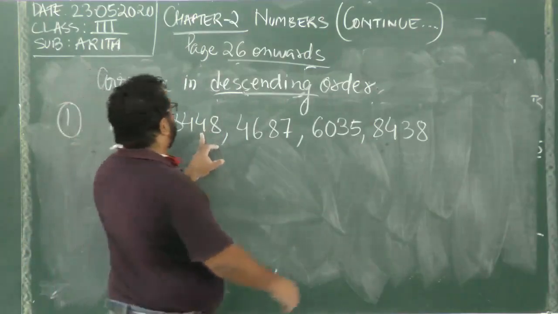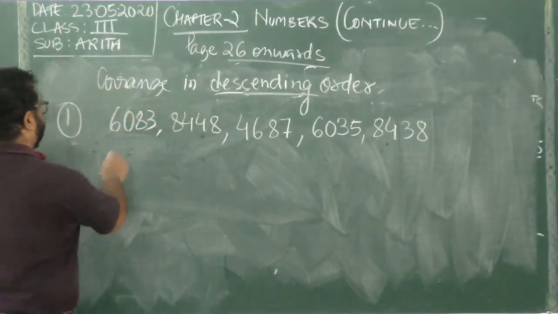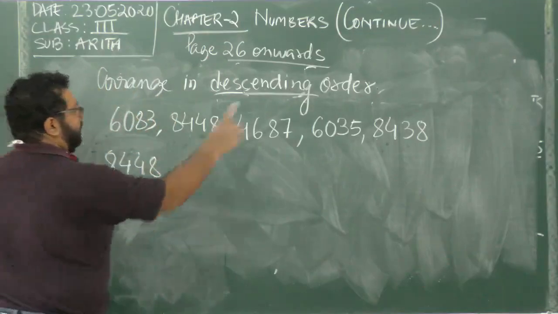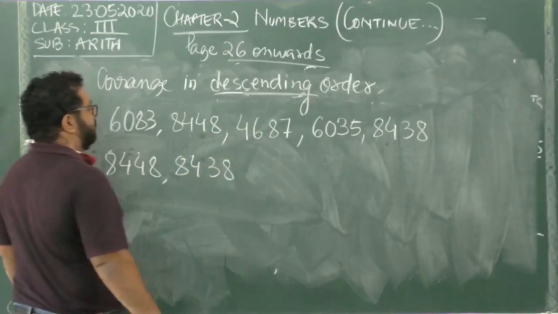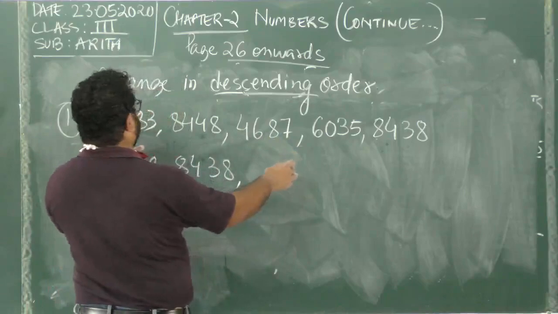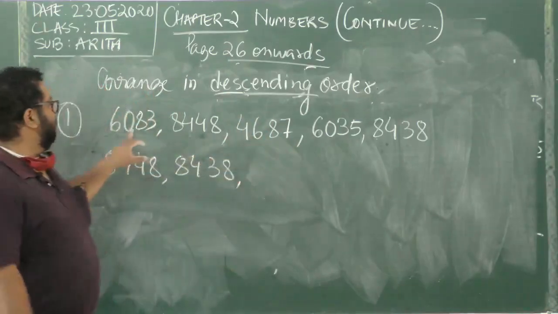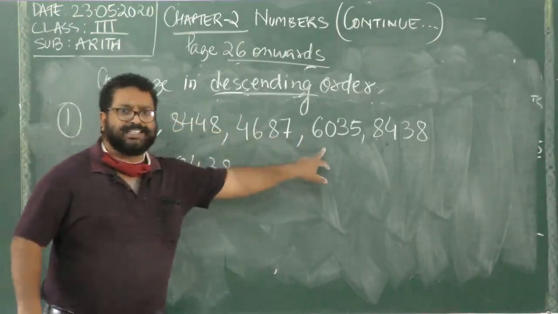The tens, we see there are 4 tens and there are 3 tens there. So what do we need to take? We know that this is the greatest number. Then we know that 8,438 is the next greatest. Then we see there are two 6,000s. There is a 6,000 here, there is a 6,000 there. But again, moving on to the next step, there are 0 hundreds there also.